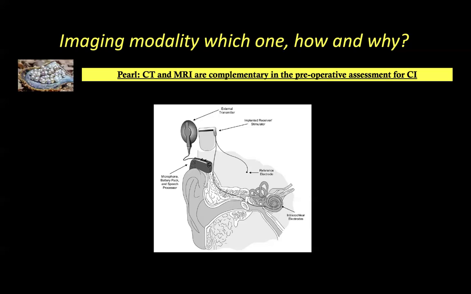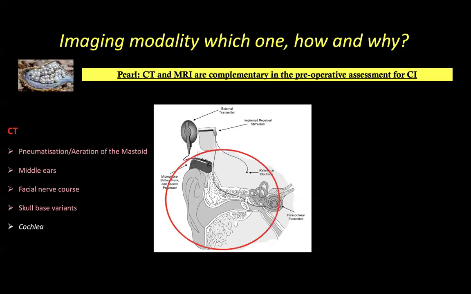So CT and MRI, to summarize, very, very important, both of them. Sometimes in children, MRI can be enough if the child is not syndromic and you already had an MRI under GA done previously, okay?